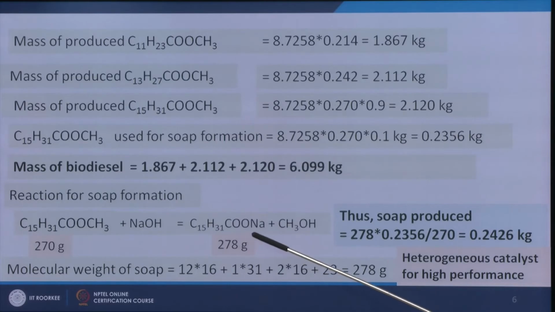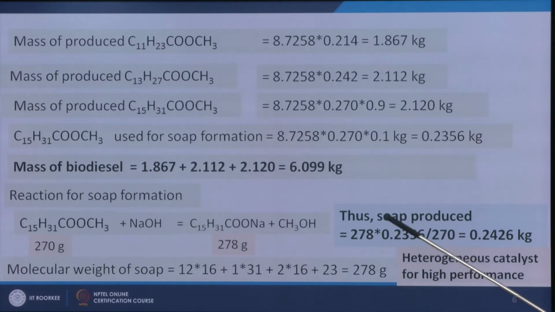The molecular weight of this sodium salt of palmitic acid is equal to 278 gram, as we are getting: molecular weight of soap is 12 into 16 carbon, 31 hydrogen, 2 oxygen, and 1 sodium. So, it is becoming 278 gram.